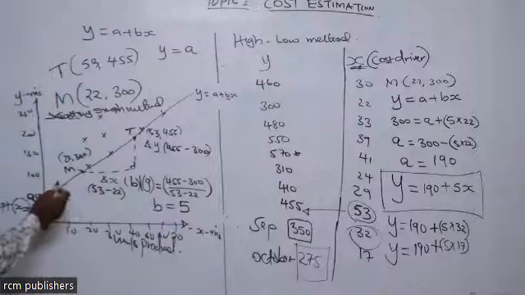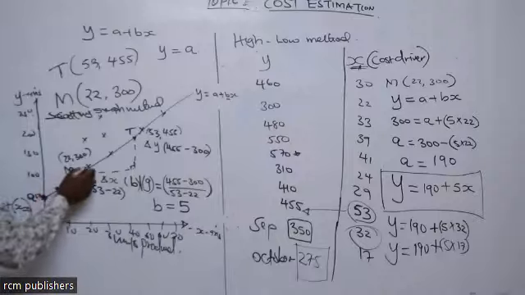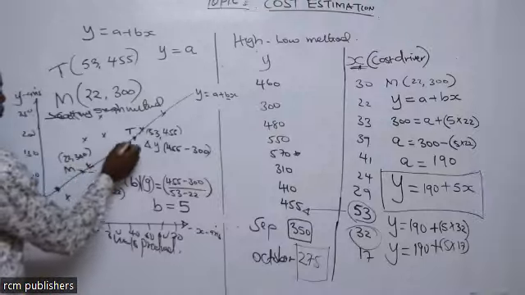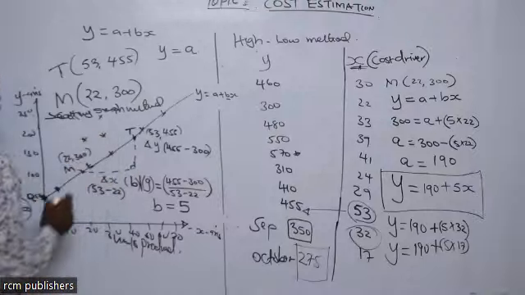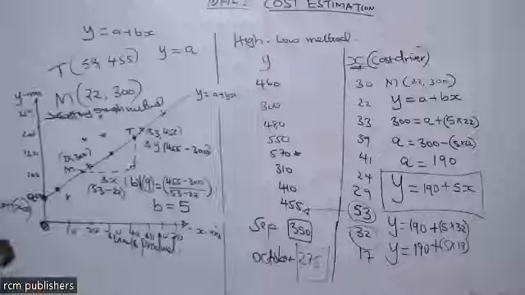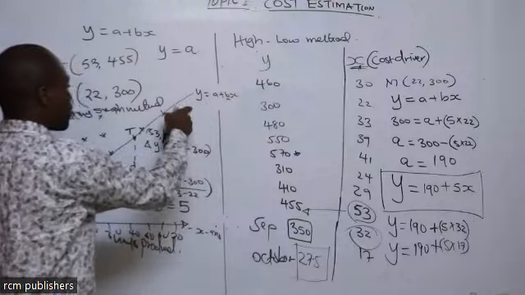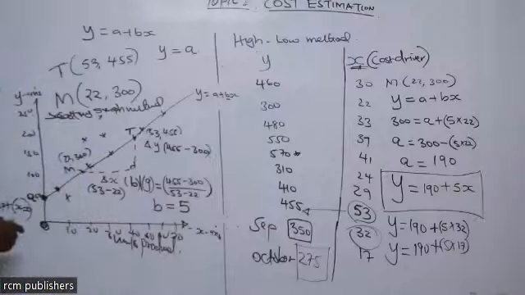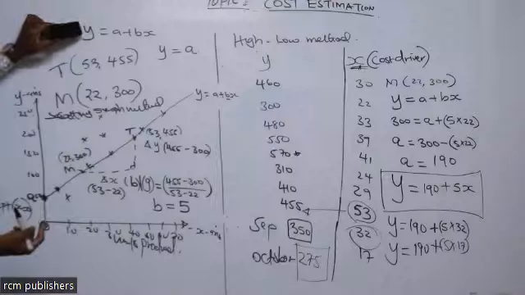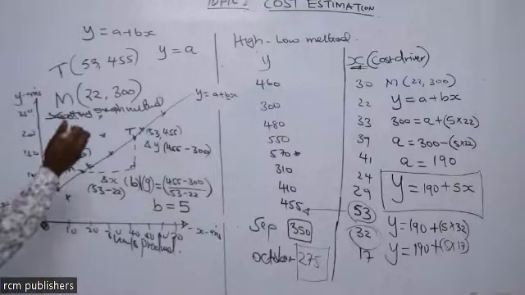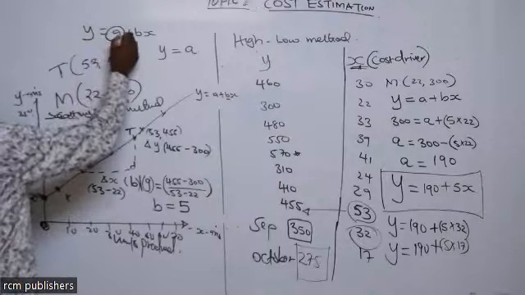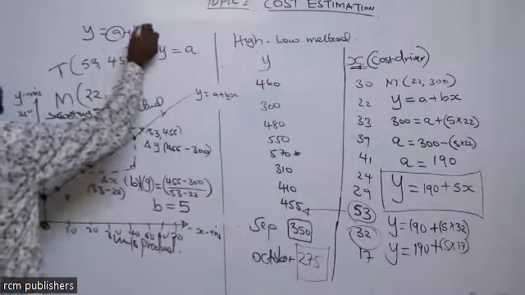The asterisks were representing the plotting. Once you've done the plotting, you choose the line of best fit, which I have done. After doing that, we now identify the gradient, because for this particular function to be complete, we only need two things: the value of A and the value of B.